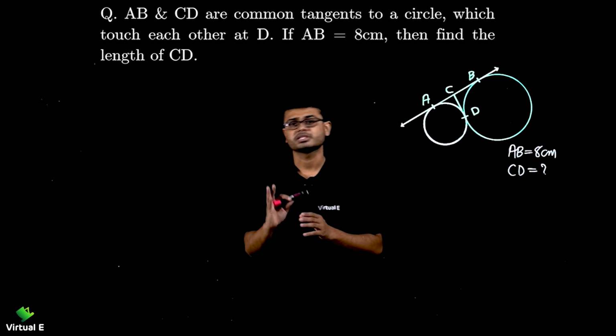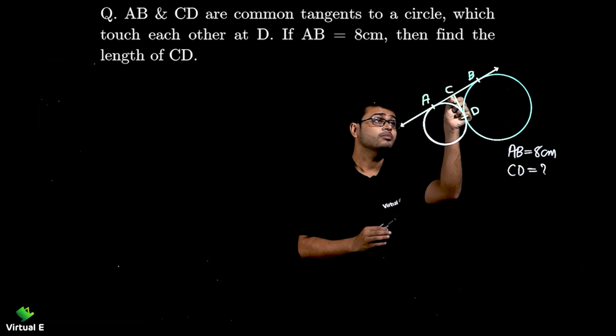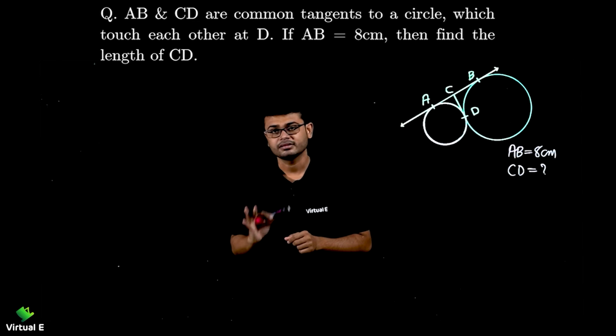Remember, we are going to use the same theorem that we used in the previous case, that tangents from an external point to a circle are equal in length, right?